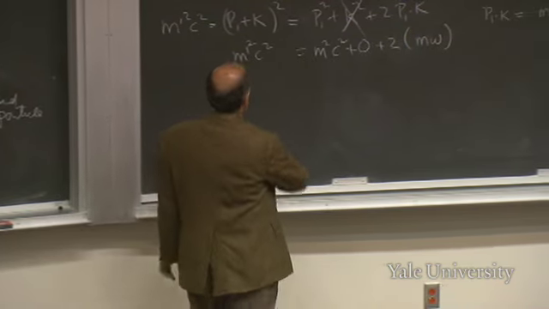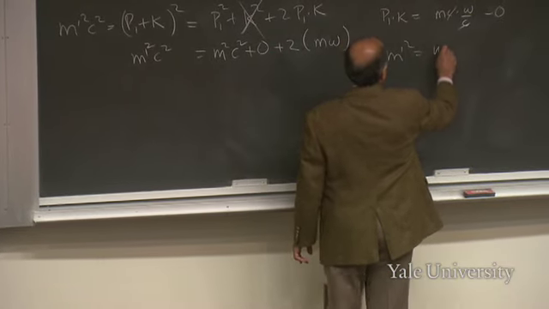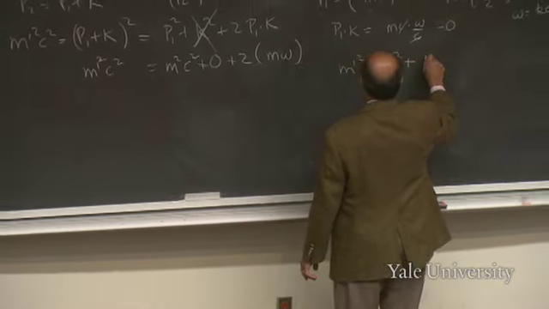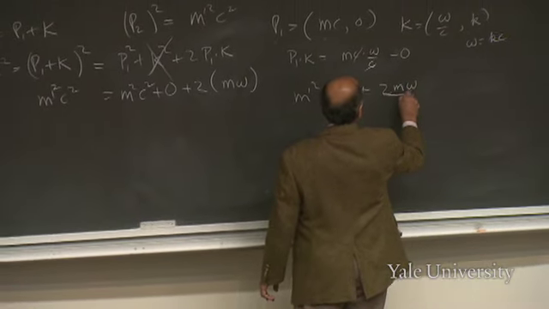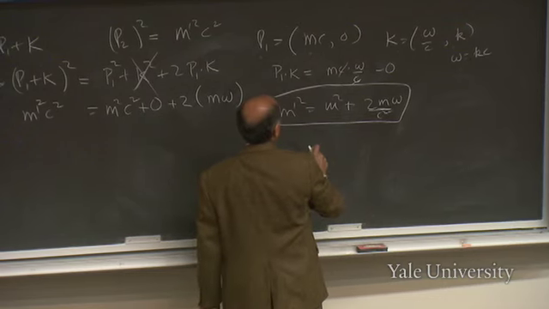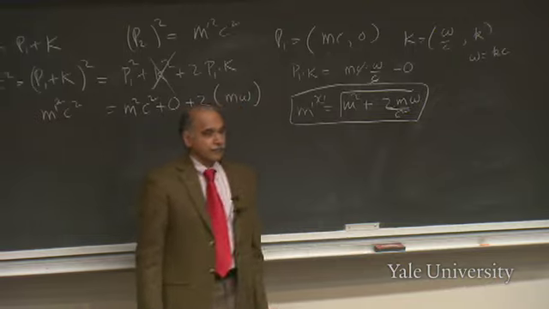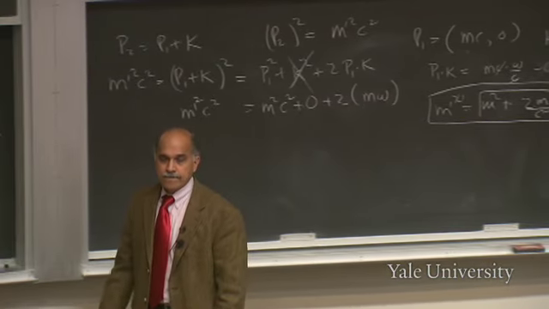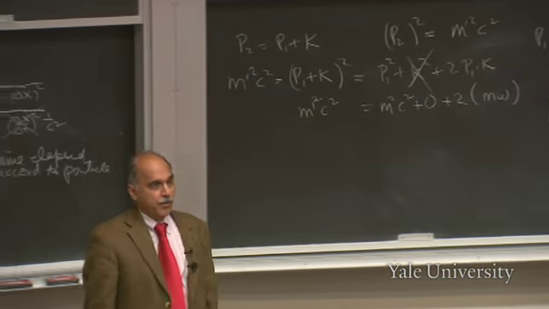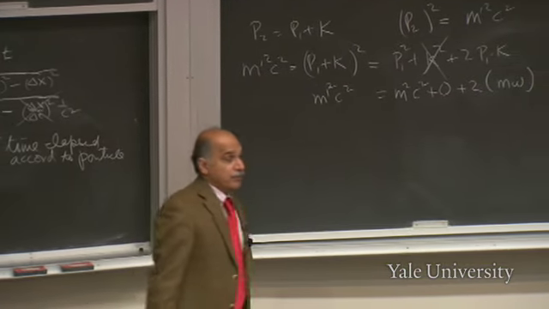So omega is just the energy of the photon. Now, if I cancel all the c squares, then I get m prime squared is m squared plus 2 m omega over c squared. Now you can take the square root if you like, and that's the answer. So my mass would have gone up.